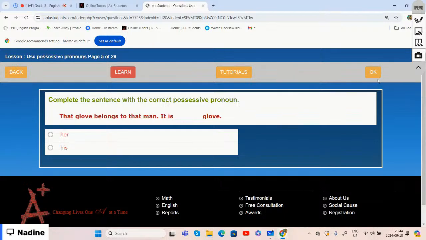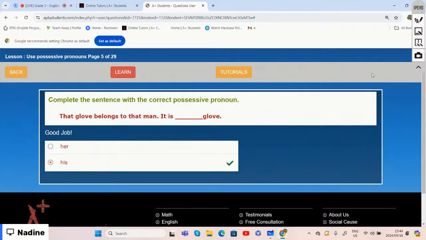So that glove belongs to that man, which means that it is his. If it belongs to a man, if it belongs to a boy, it is his, right?